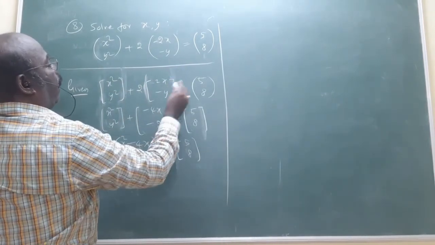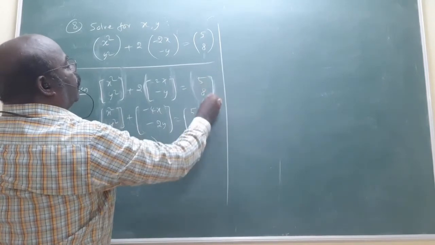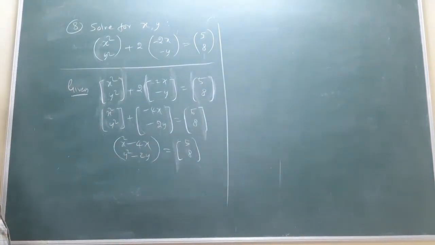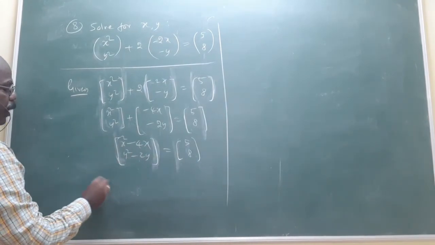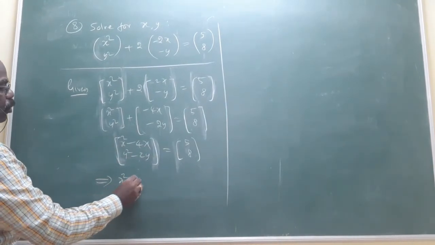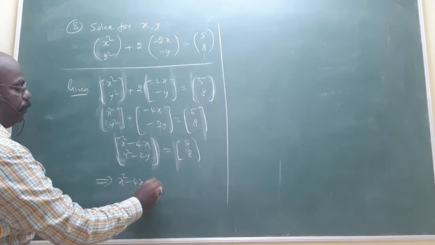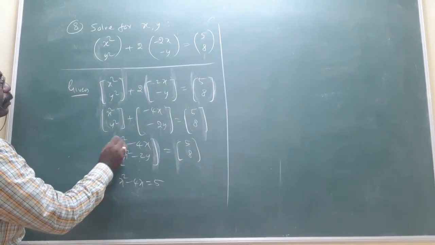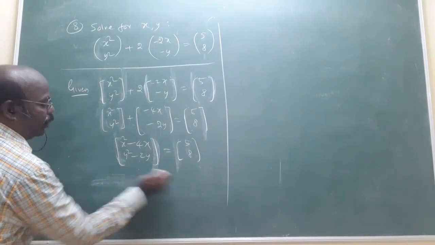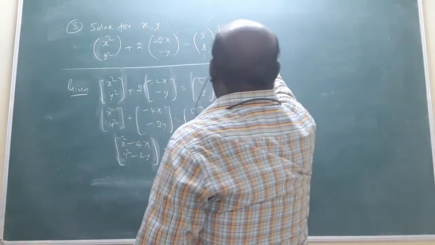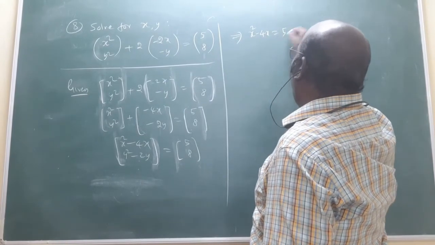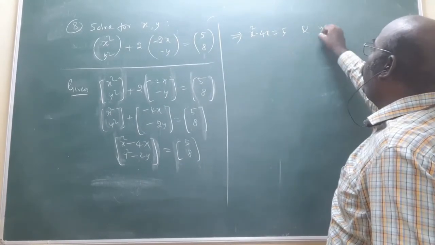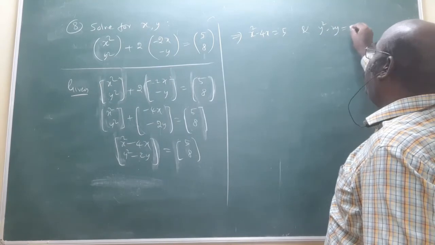Now two matrices are equal means equating the corresponding elements. What is the first equation? X square minus 4x equal to 5. Am I right? The first one is x square minus 4x equal to 5 and y square minus 2y equal to 8.